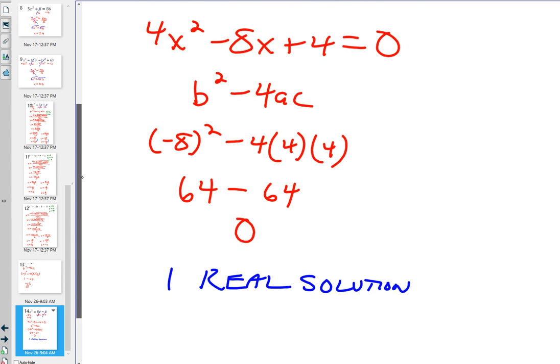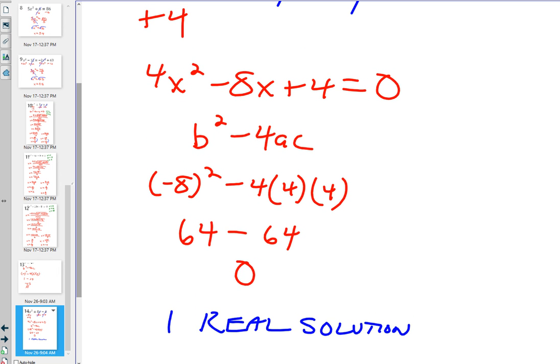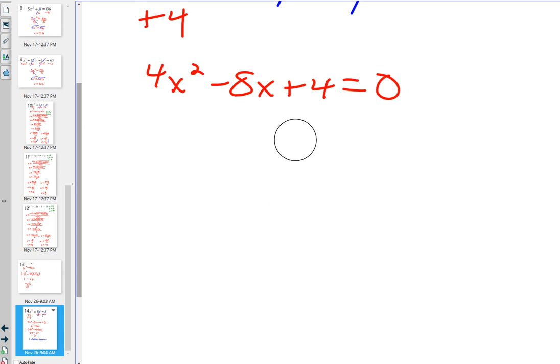You know what? Let's do this. Since I already know I'm going to have a 0 discriminant, let's actually solve this just for fun. And we'll skip some steps. If b is -8, that means that negative b will be 8. But I already know that my discriminant is going to be 0.